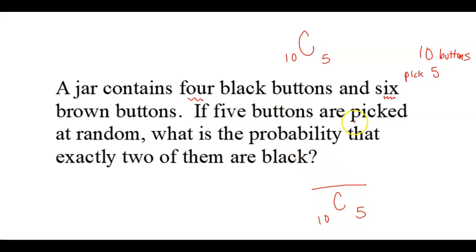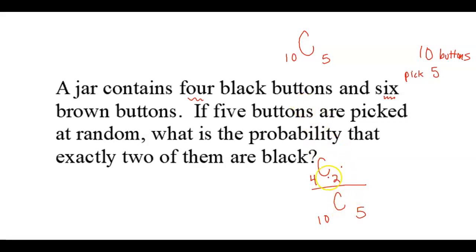Now, we want to know the probability that of those 5 that we choose, exactly 2 are black. So if I choose 5 altogether, I now have a different combination here. My number of possibilities for choosing 2 black out of 4 would be 4 choose 2.